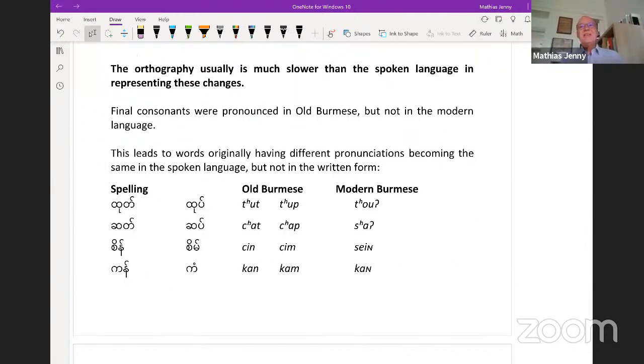Now these changes, even if they become standard in the spoken language, in the written language, sometimes differences are retained that are not seen in the spoken language anymore. So you have spellings, to with tata and pata. They're both pronounced as to, exactly the same in modern Burmese, but the meanings are different.